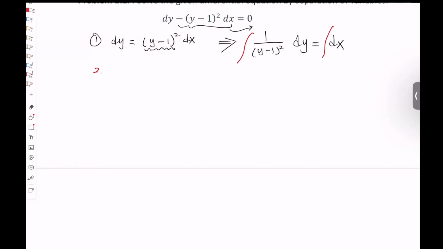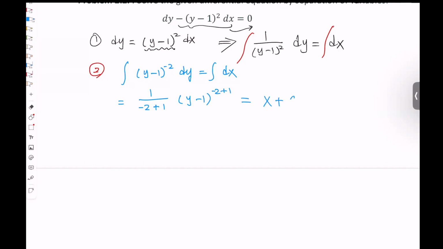Now step number 2, we take the integral for both sides. If we do, we have integral (y minus 1) to the negative 2 dy equals integral dx. That is 1 over (negative 2 plus 1) times (y minus 1) to the negative 2 plus 1 equals x plus c.